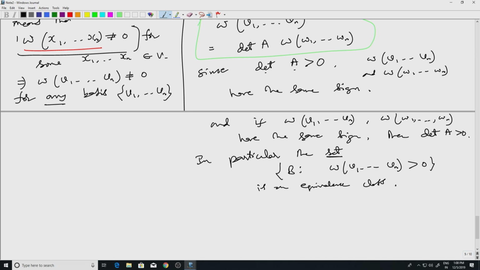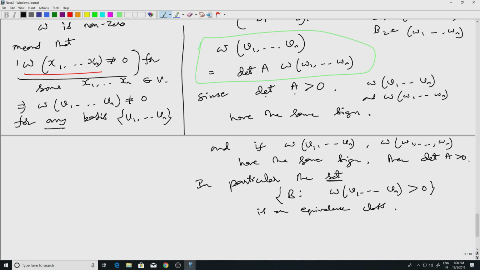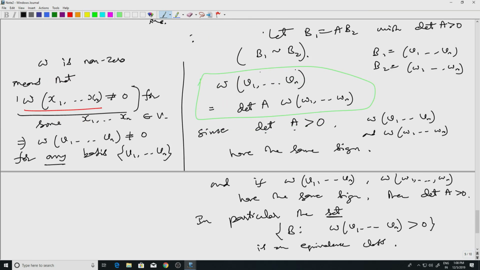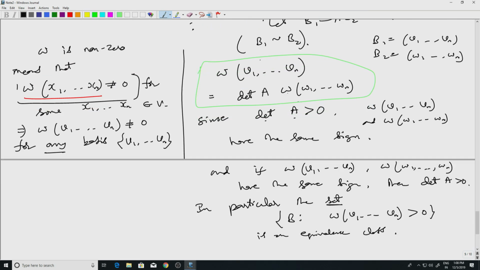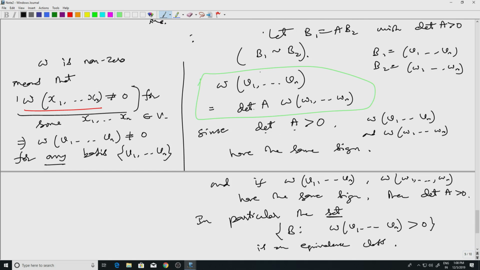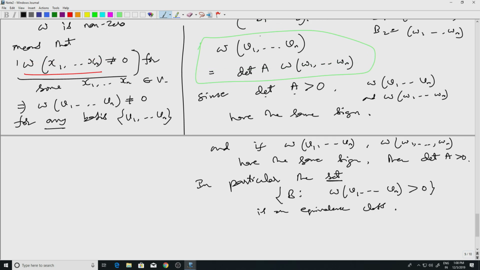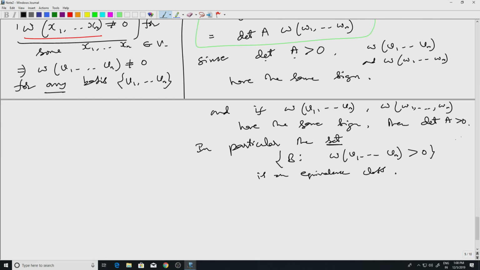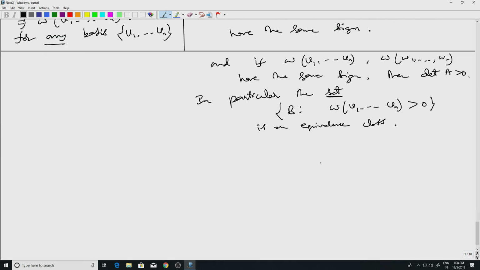On the other hand, if there is something else in the equivalence class related to something in this set, again that new basis will have to have the same sign as omega, will also have to have positive omega. So that new basis will also have to belong to the set.